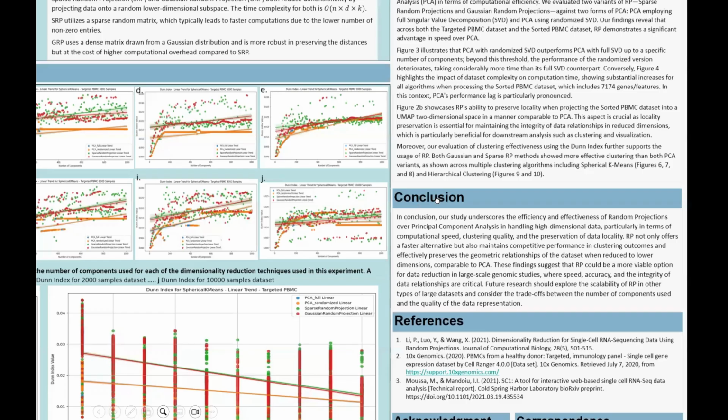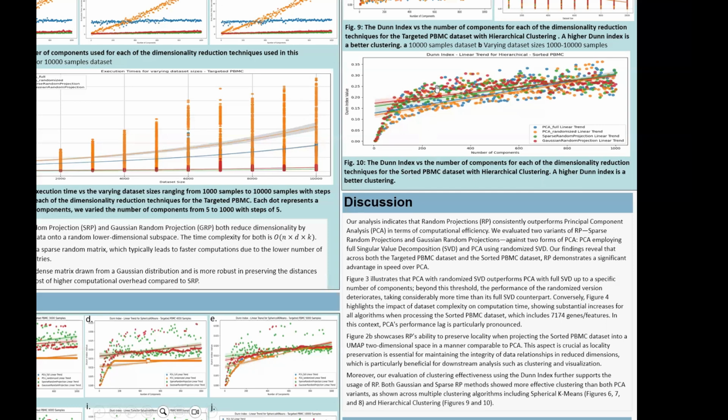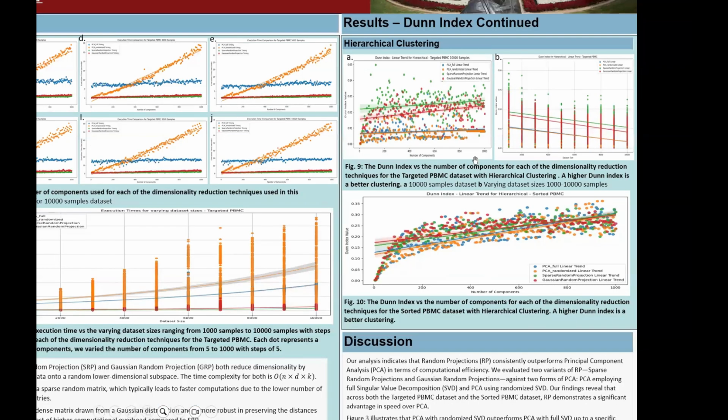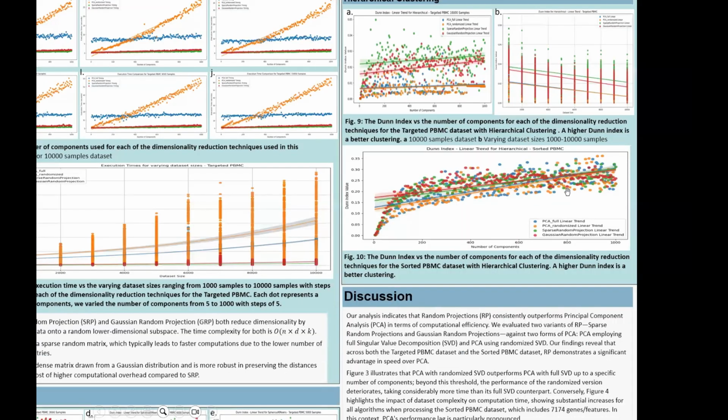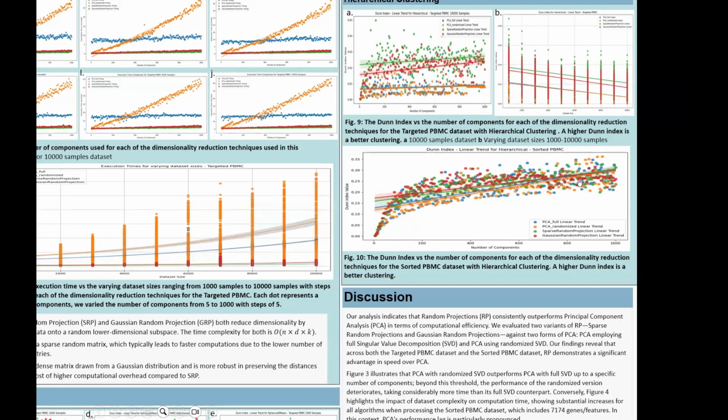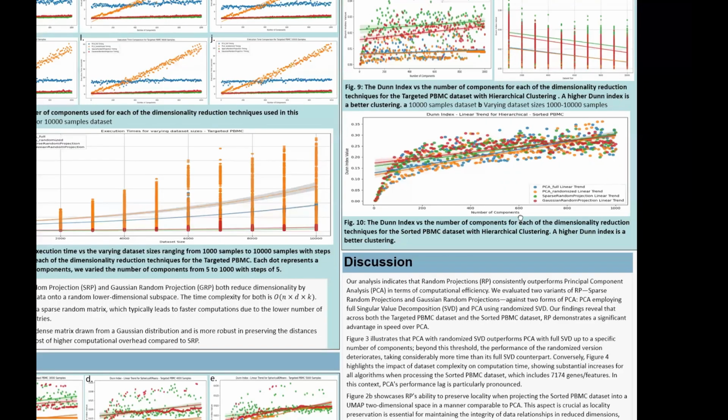And then we're also showing the results for hierarchical clustering, and it's pretty much the same exact observation. We can see that random projection is performing better than PCA, and also the same observation that as you increase the number of components, random projection is going to get worse than PCA.